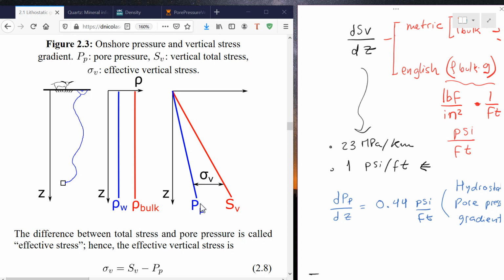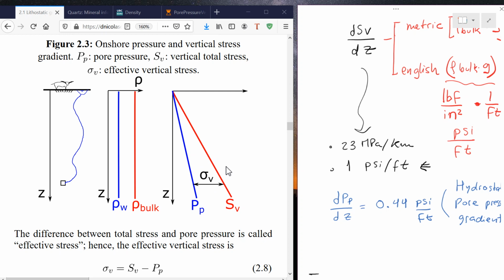Not that much the pore pressure, but the effective vertical stress. The larger the effective stress, the more compaction we're going to see in rocks. This is going to be a little bit more evident when I explain the offshore case.